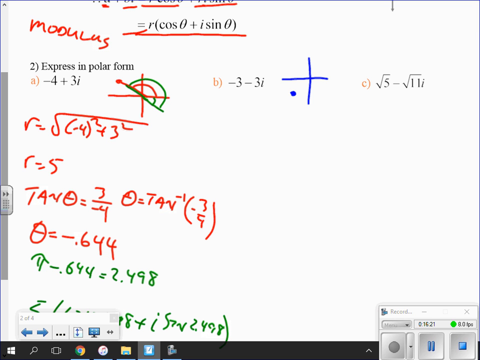First thing you've got to do, find your R. Nine plus 9 is 18. The square root of 18 is 3√2. So there's our R.